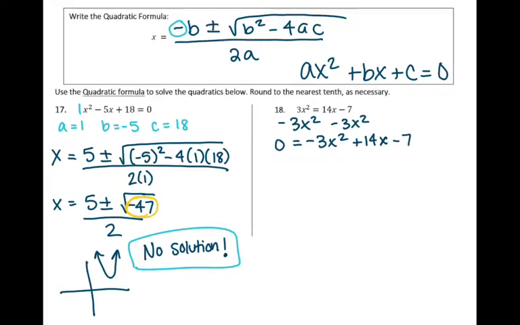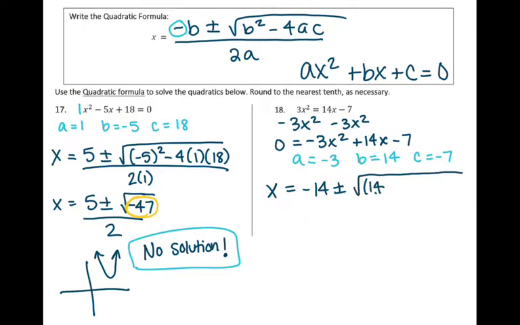From here, a is negative 3, b is 14, and c is negative 7, and then we carefully plug it in. I'm assuming since 17 had no solution, this one is going to have a solution. But I want the opposite of b, so negative 14, plus or minus the square root.